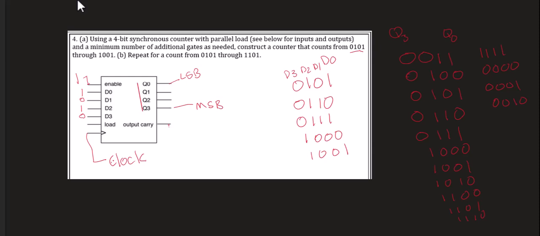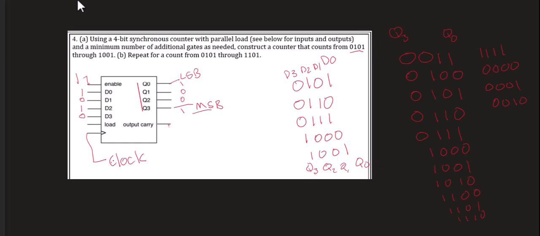So the way we do that is we look at this number, 1001. That's Q3, Q2, Q1, and Q0. When I get those numbers as my outputs, 1001, that's when I want to tell it to stop.